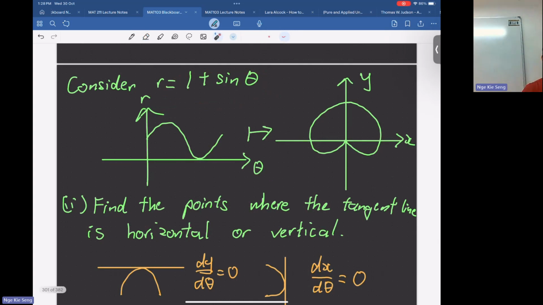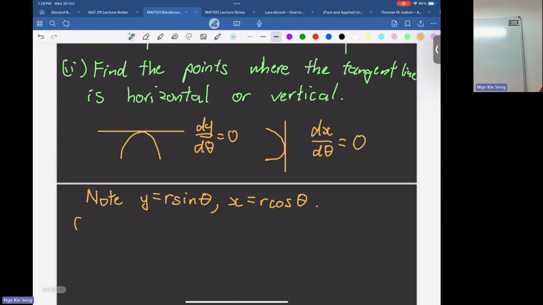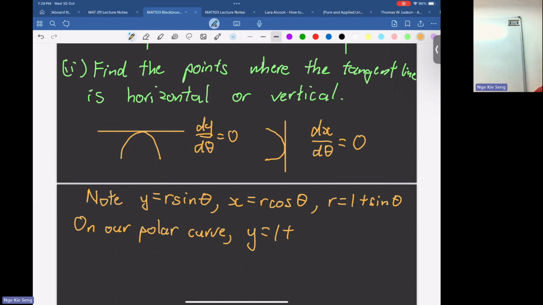So on our polar curve, how to describe the xy coordinate? My y is controlled by the r function, so r equals to 1 plus sine theta. So my y is equal to what? 1 plus sine theta times sine theta. Okay. How about x? 1 plus sine theta times cos theta.